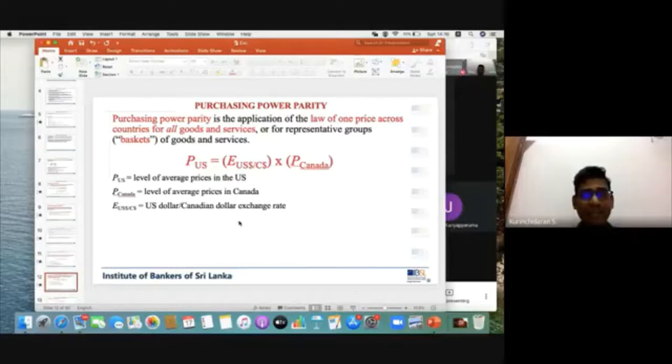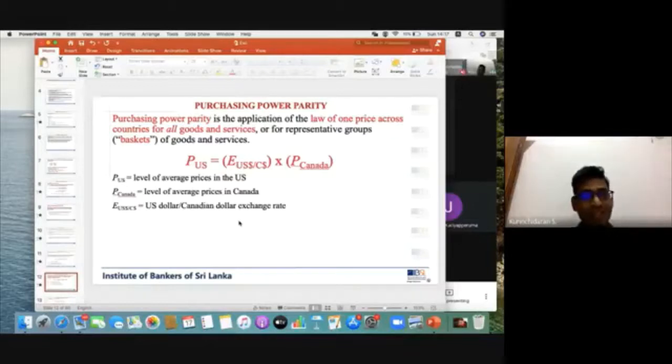right, uses this law of one price and defines the exchange rate at the aggregate level. You can see now, instead of the pizza price, we take the level of average prices, the general price level, right? So P US means the level of average prices in the US. How do they calculate it?